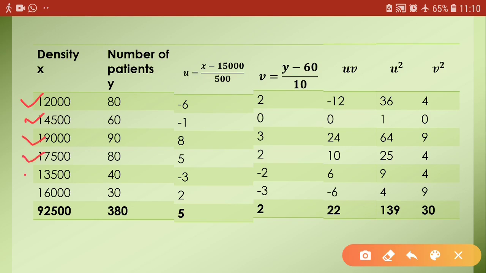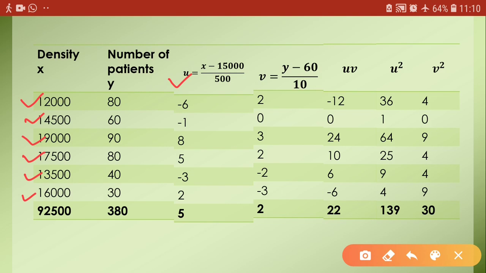19,000, 17,500, 13,500, 16,000. So if your x is this lengthy, then how can you solve this? We will prepare a u-v formula. How will you find this u? Your u is x minus the assumed mean, which is 15,000 in this sum, so it is x minus 15,000.